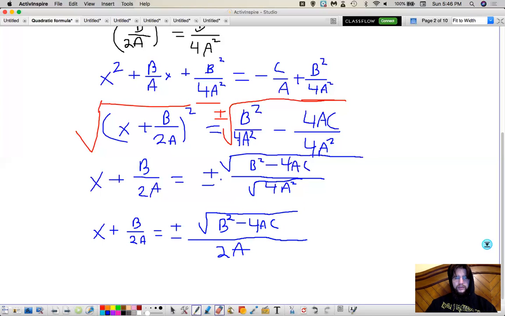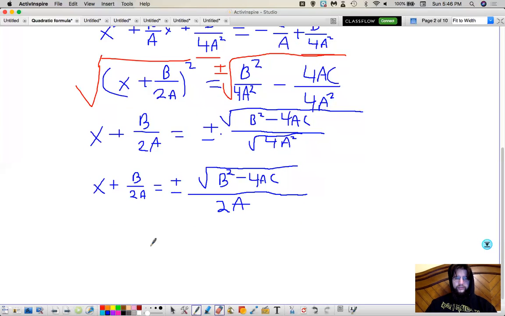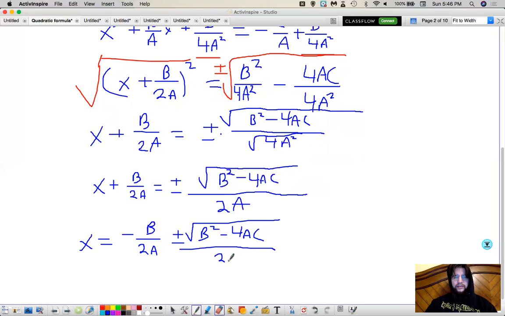Now I need to get x by itself, so I'm going to subtract b over 2a from both sides. So x equals negative b over 2a plus or minus the square root of b squared minus 4ac over 2a. Since they have the same denominator, I can combine them, and instead of writing a whole other step for that, I can combine our numerators together.